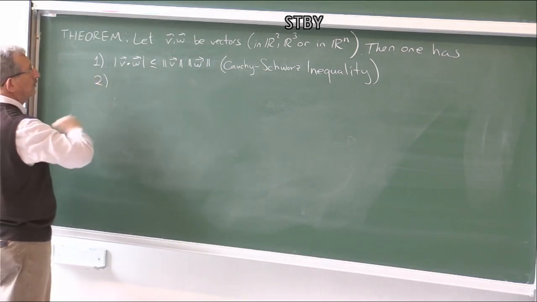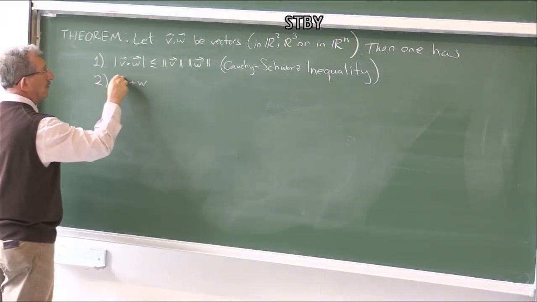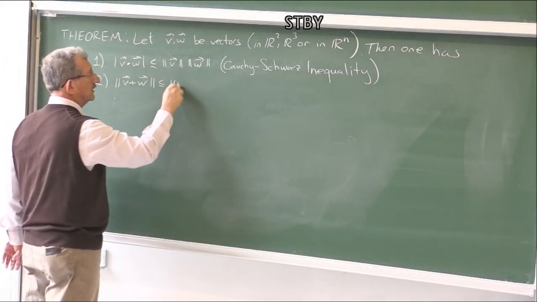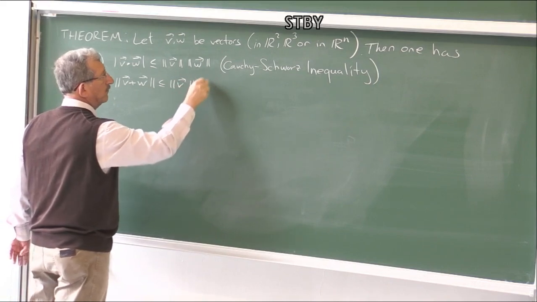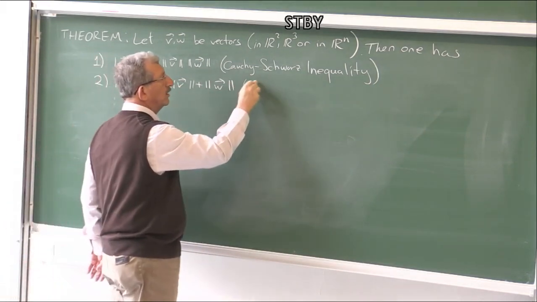And two, the norm of the sum of two vectors is always less than or equal to the sum of their norms. This is called the triangle inequality.